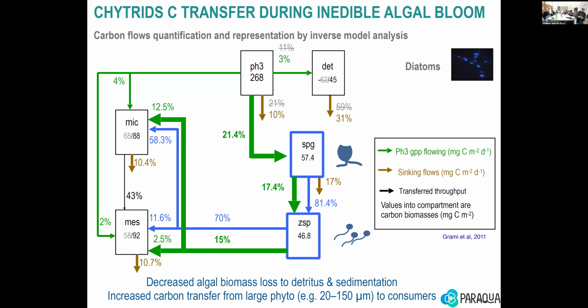So it was logical to consider that it goes mainly to the small consumers and, to a lesser extent, to the mesozooplankton, but also that the microzooplankton then contributes to the diet of the mesozooplankton. So this link can be direct and indirect, but as I said, we could calculate that it was quite effective.